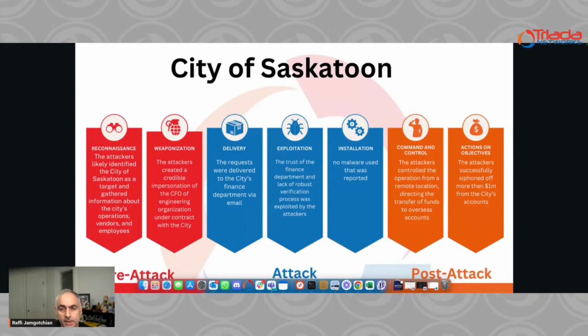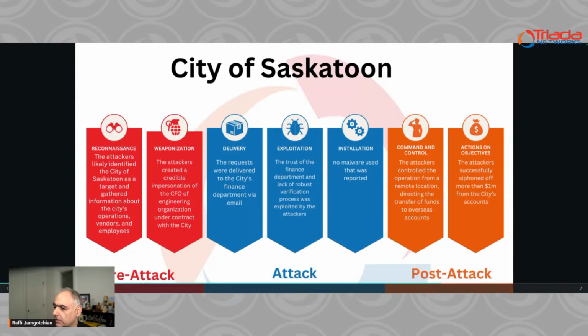In this case, no malware was reported. However, because they were able to manipulate that finance employee, they were able to direct transfer funds to overseas accounts to the tune of millions of dollars. So that was a fairly large attack on this city in Canada, but a very typical process that they went through.